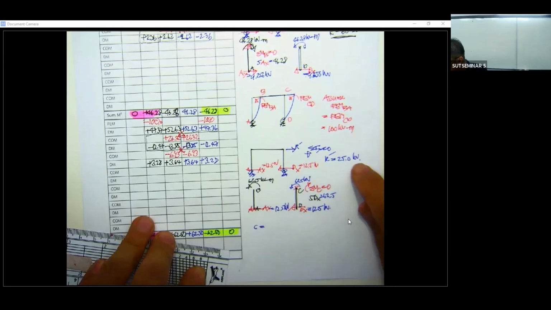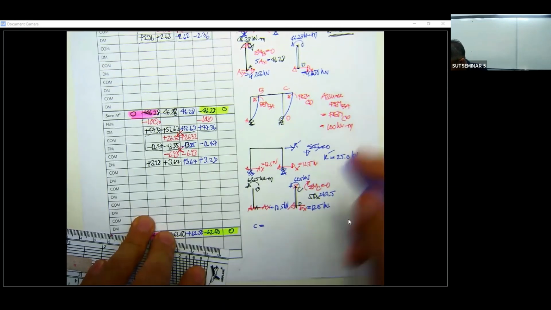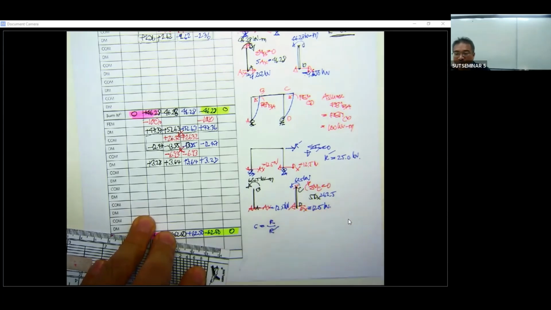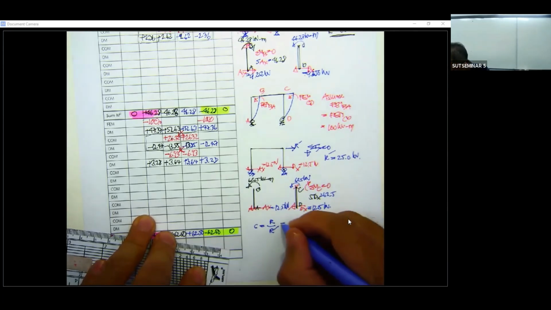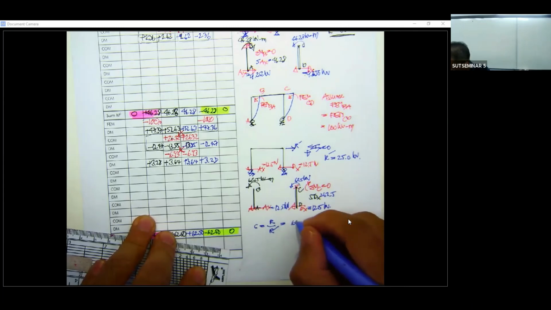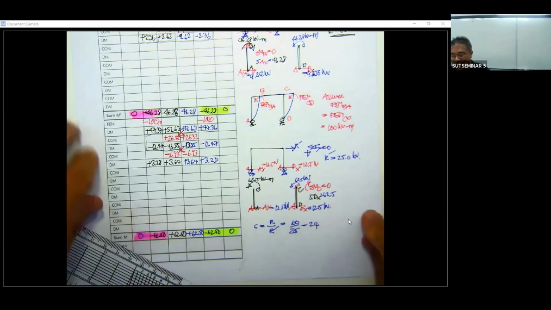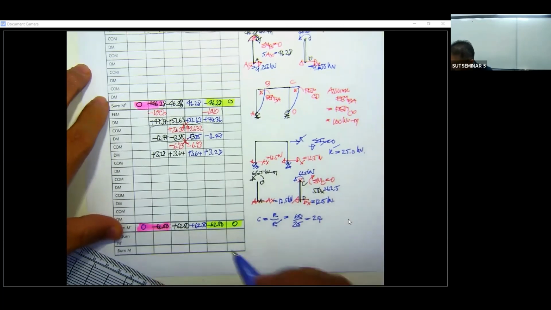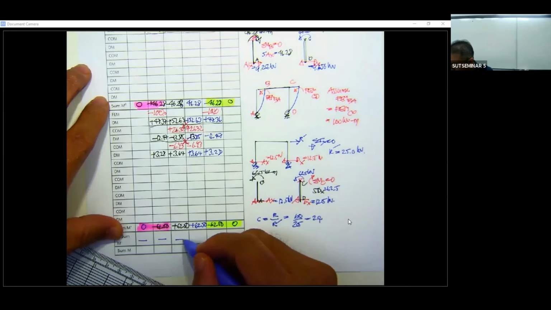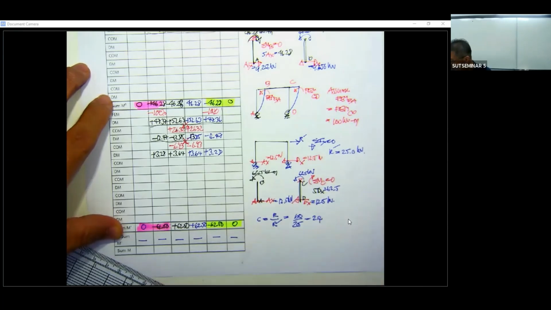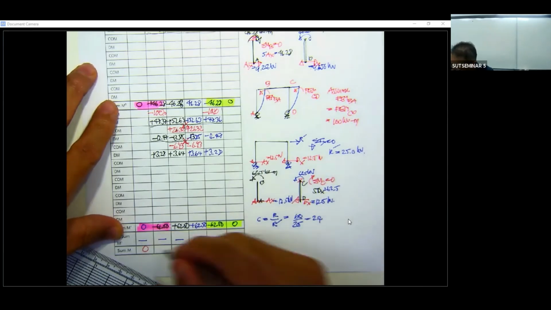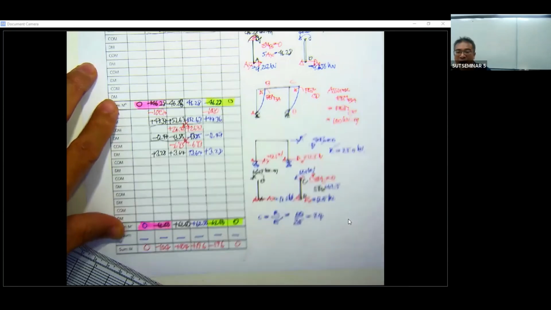Okay, and then we find that C equal to what? Equal to R divided by R prime from the equation that we have before. That is going to be 60 divided by 25 is going to be 2.4. Okay, and then you do the correction of this times 2.4 into this one, and finally you get minus 104 plus 104 plus 196 minus 196.